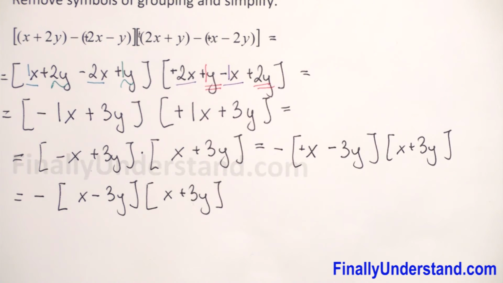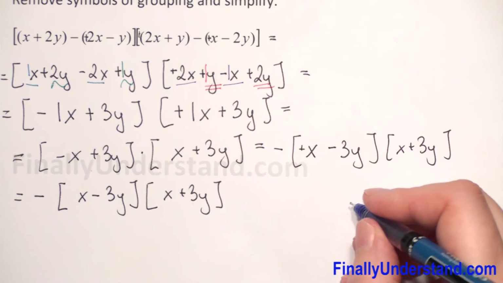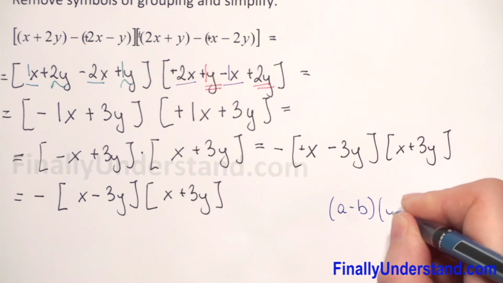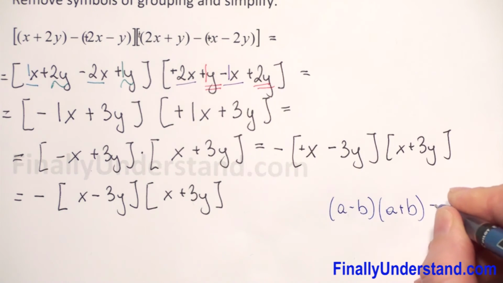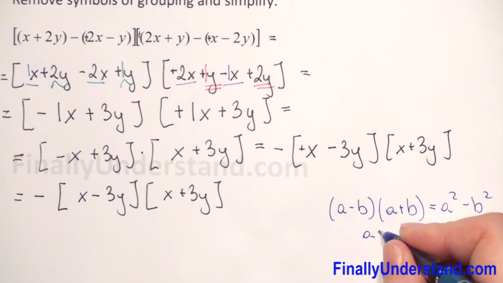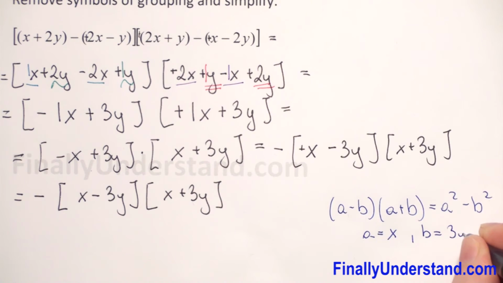So we can use formula for difference of two perfect squares when we have a minus b times a plus b. This is equal a squared minus b squared. In our example, a is equal x and b is equal 3y.